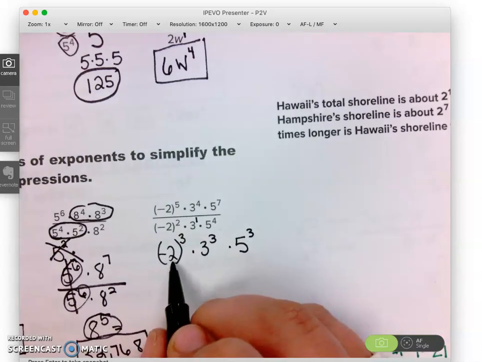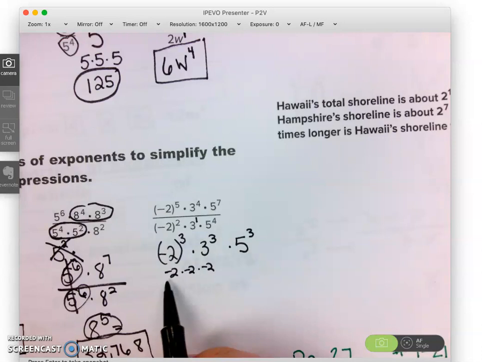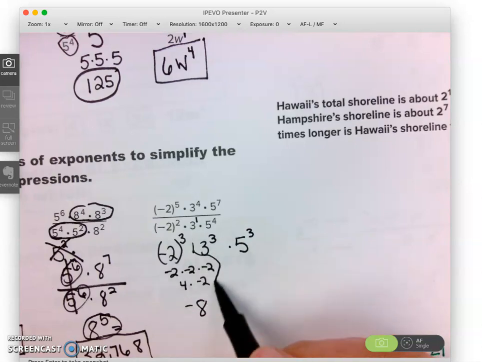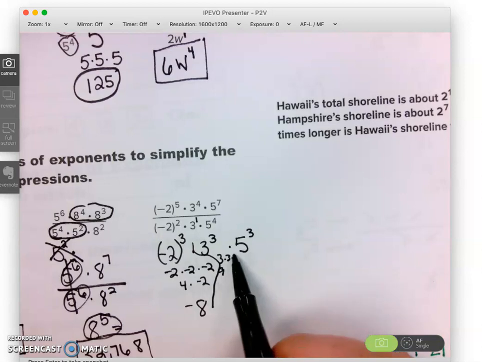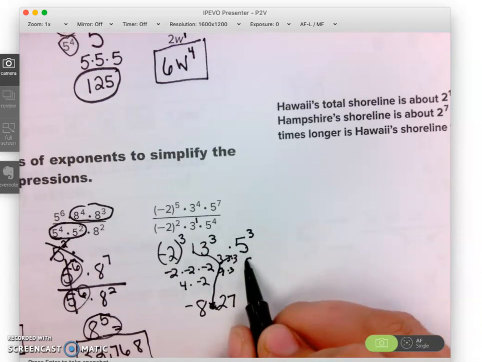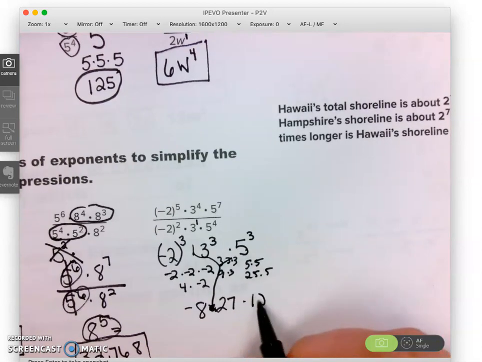So -2 times -2 times -2. -2 times -2 is 4, times -2 is -8. Then 3 times 3 is 9, times another 3 is 27. And then 5 times 5 is 25, times another 5 is 125.